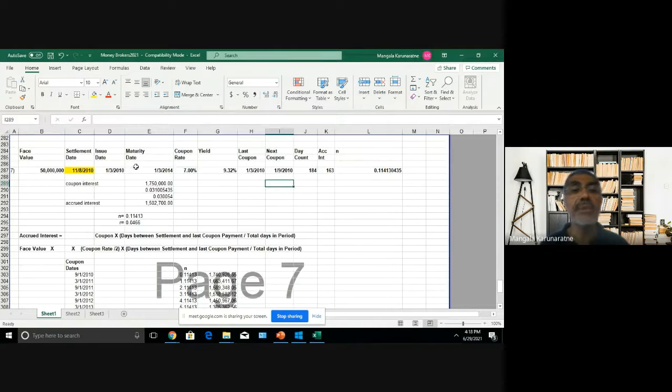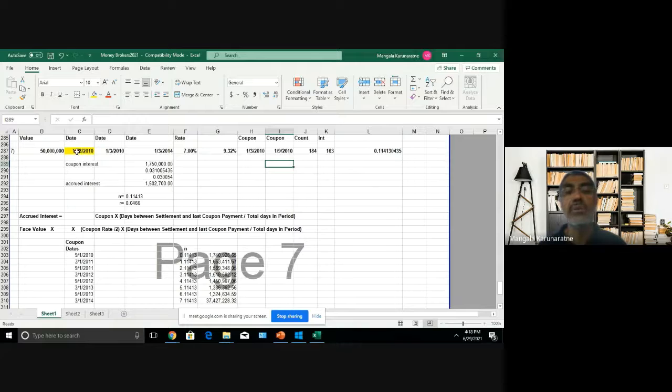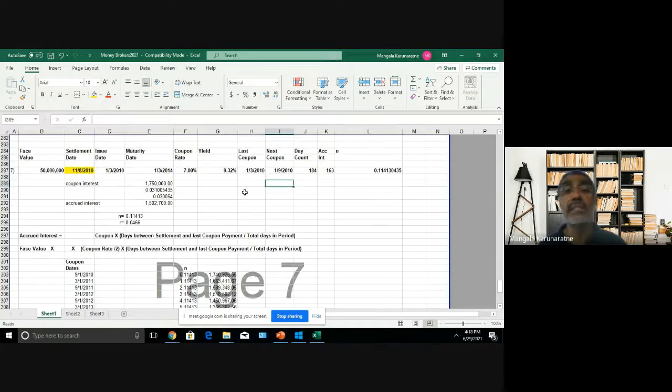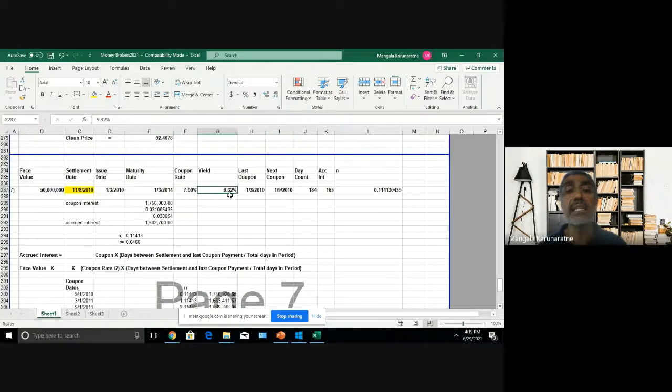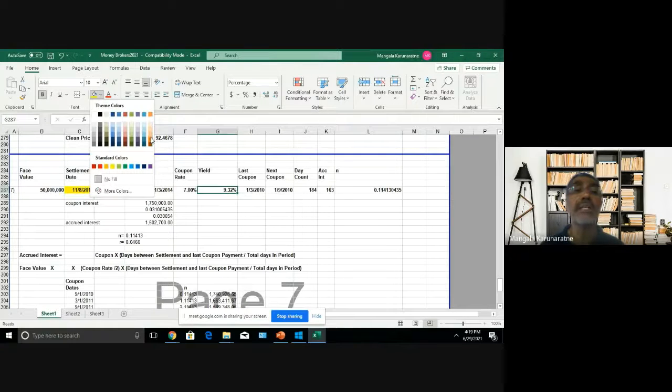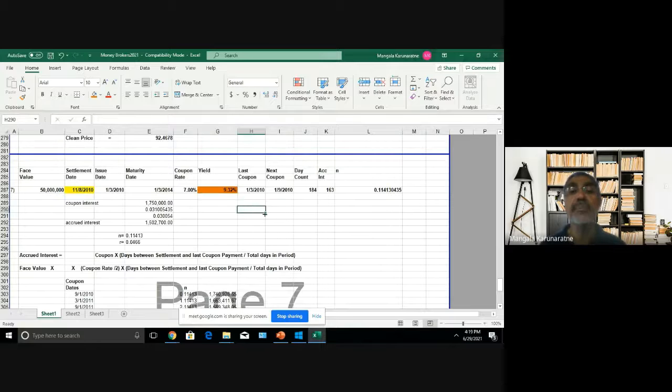So we need to calculate the N actually. N and R we know. What is the R? Yield 9.32%. That is for 1 year.